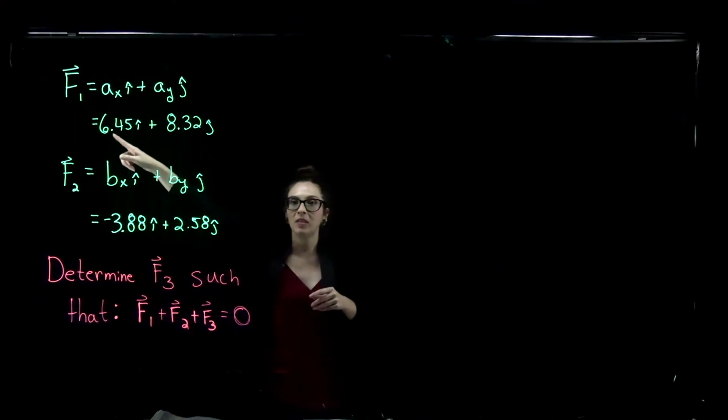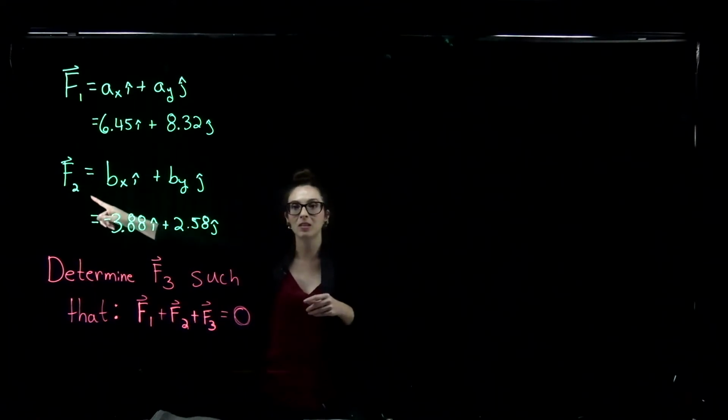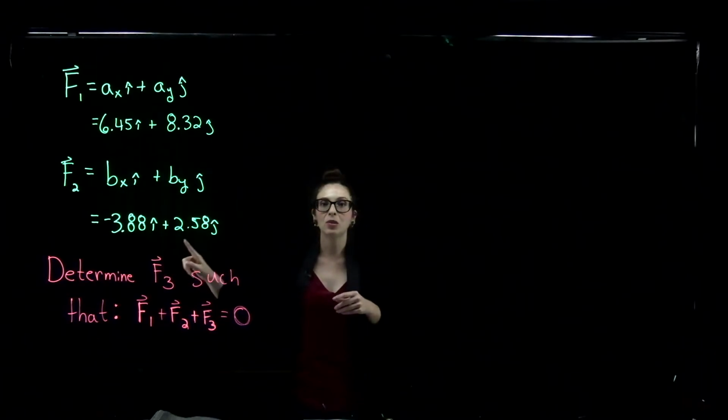Remember, this is the x component, this is the y component. And then we've got our force F2. This force is minus 3.88 i hat plus 2.58 j hat. This is the component of my force in the x direction for F2, and this is the component of my force in the y direction for F2.